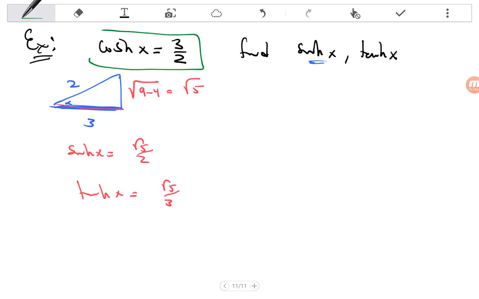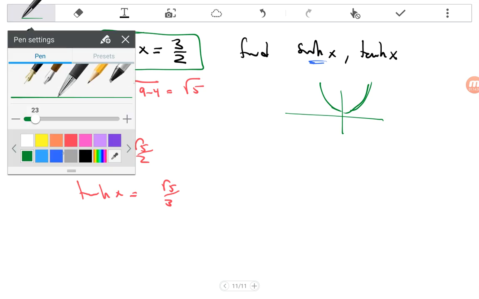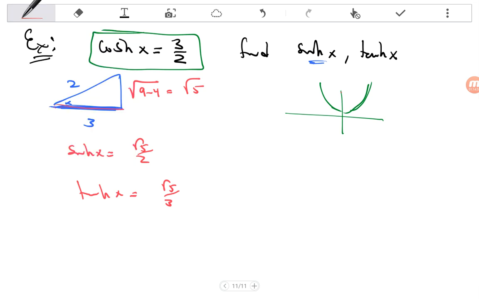Yes, if you look at this equation, we learned that cosh x has this curve. So whenever I give you some value for the cosh, for example 3 over 2, how many x's does this statement correspond to?